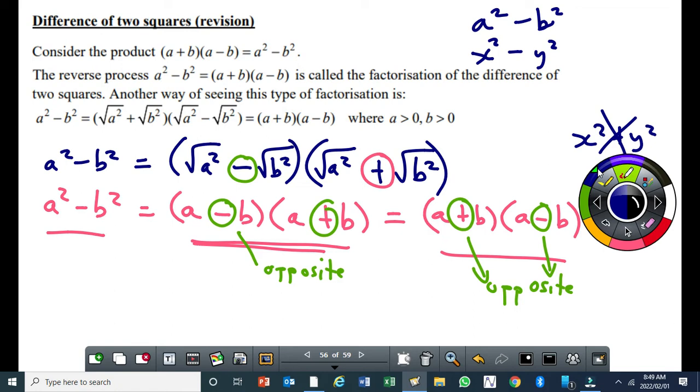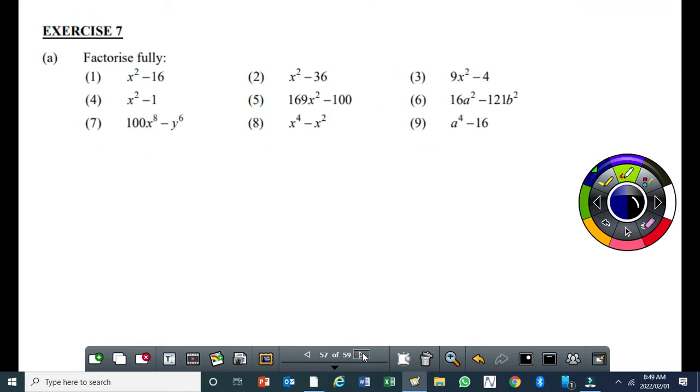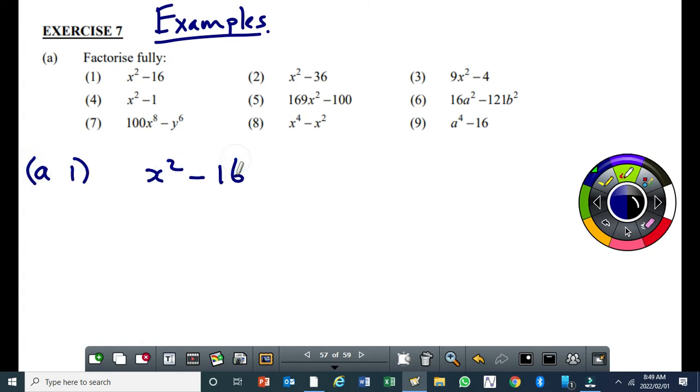Okay, so let's do some examples. We start with A. Let's start with that first one. So you have x squared minus 16.